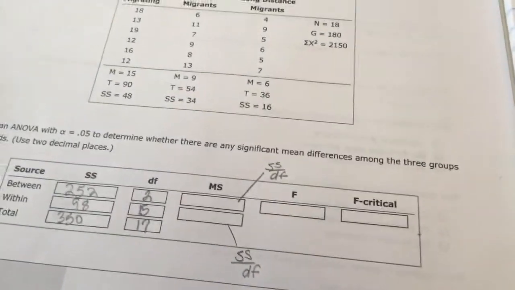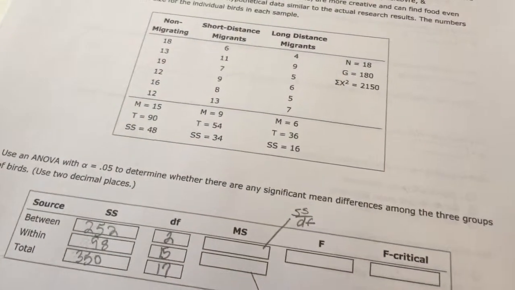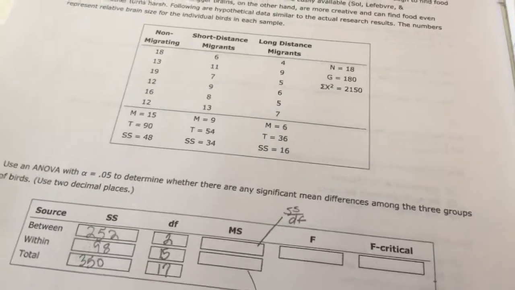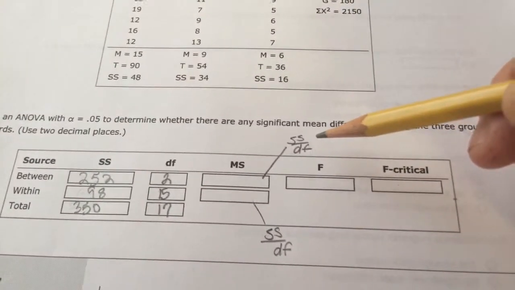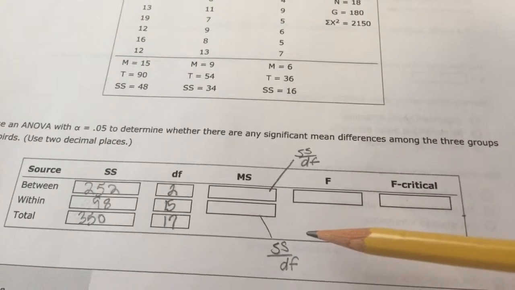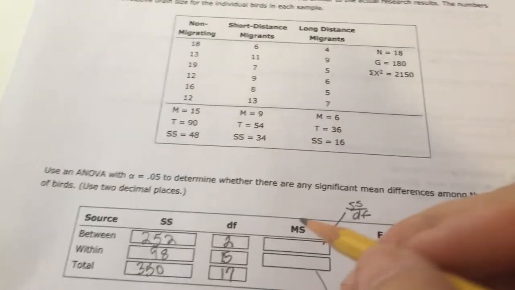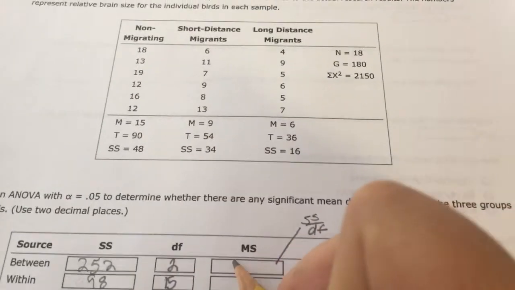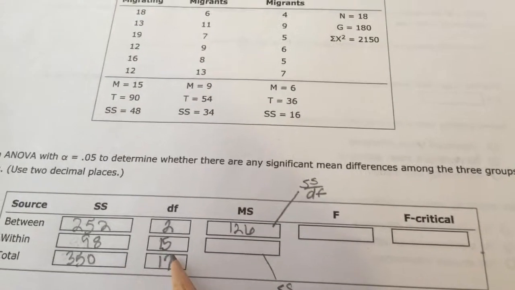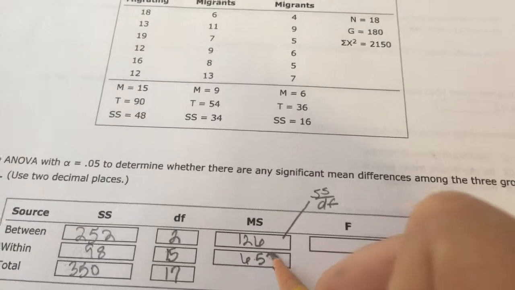Next, we're going to find our mean sum of squares, and that is your sum of squares between divided by your degrees of freedom between, and then you take your sum of squares within divided by your degrees of freedom within. So when we do that, 252 divided by 2, we get 126, and then we have 98 divided by 15, we get 6.53.